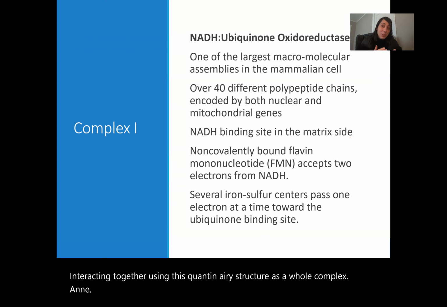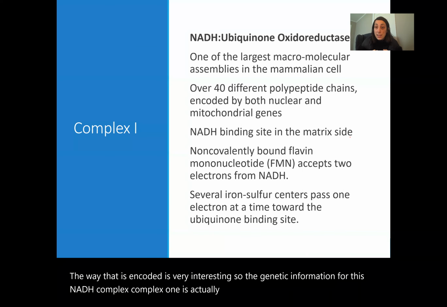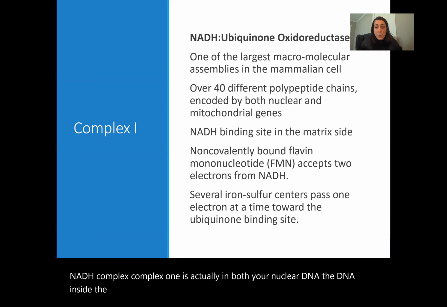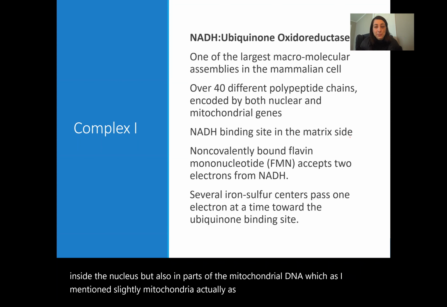The way that it is encoded is very interesting. The genetic information for this NADH complex, complex 1, is actually in both your nuclear DNA, the DNA inside the nucleus, but also in parts of the mitochondrial DNA, which, as I mentioned slightly, mitochondria actually has its own DNA.